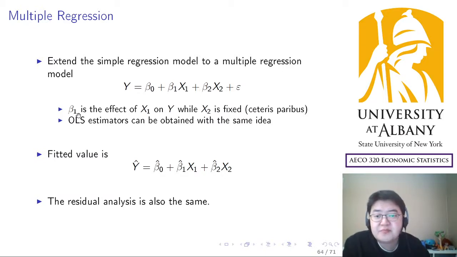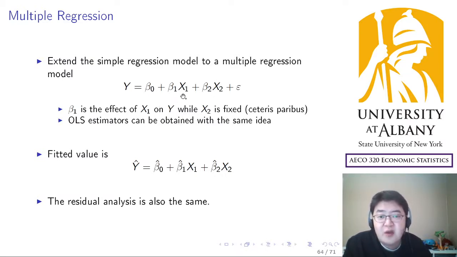First, beta 1. Here, beta 1 is the slope. So when there is no x2, simply beta 1 was the change in y when x1 increases by a unit. So when x1 increases by 1 unit, y increases by beta 1. That was the meaning of beta 1. But when you have x2, you have to put this condition.